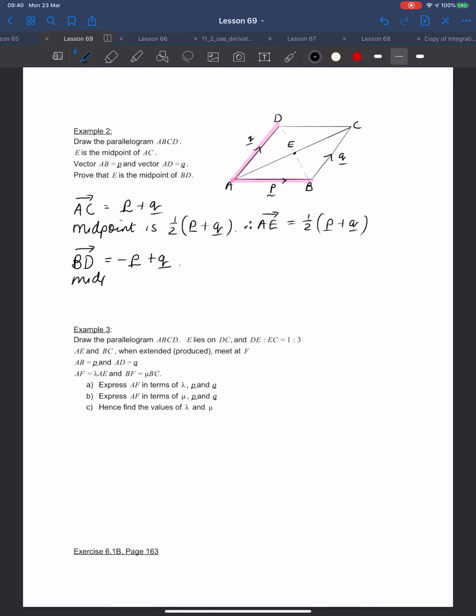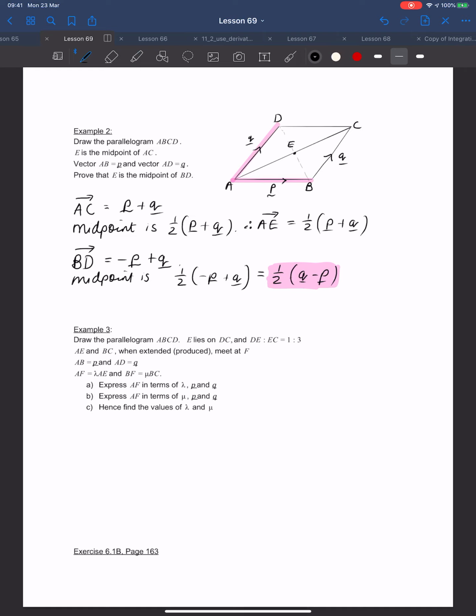The midpoint is half of minus P plus Q, which is half of Q minus P. So this is definitely the midpoint of B to D.